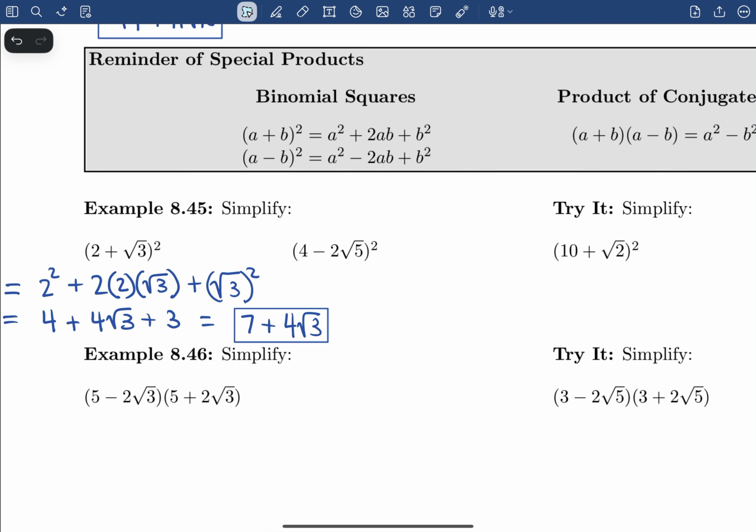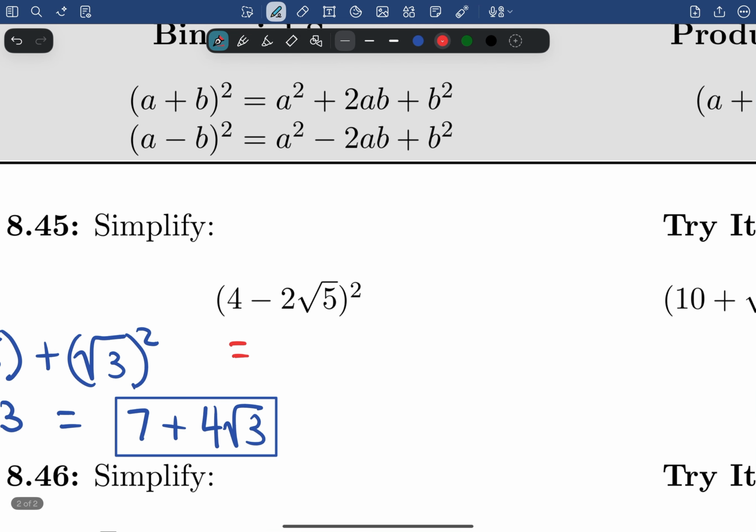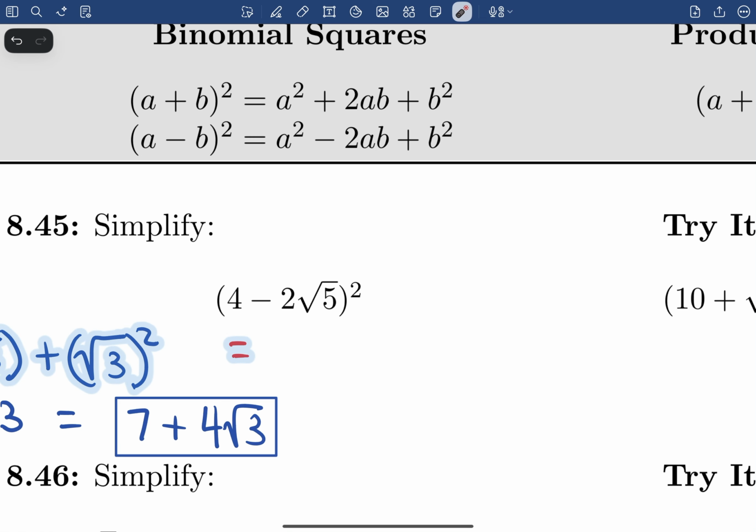All right. Well, what if I had, instead of a plus sign, a minus sign? Well, I would follow this format, okay, for this special product of a binomial squared. And so I would take the a value and square it, and then subtract 2 times a times b, and then add the b value squared.